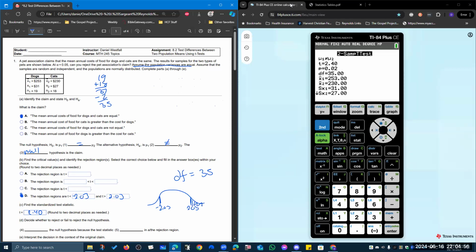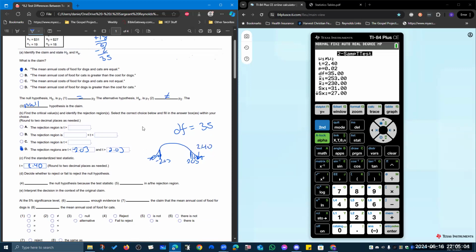I'm over here at 2.40. So yes, I'm going to reject the null hypothesis, because the test statistic is in one of the rejection regions.